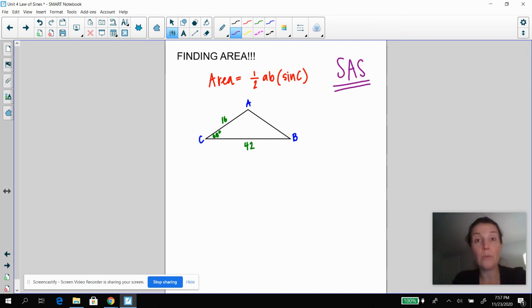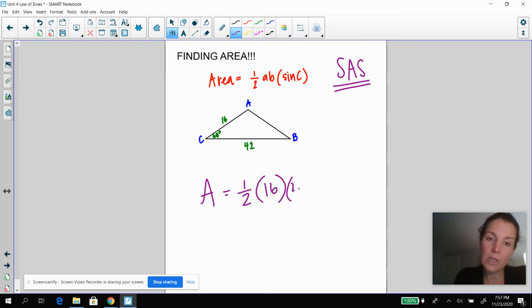We're going to work on the proof in class where this comes from, but essentially the area of this whole thing is going to be 1/2 the two sides, 16 times 42, times the sine of that included angle. So in this case, it's 68 degrees. You kind of got to punch some numbers in your calculator and you get the answer out.